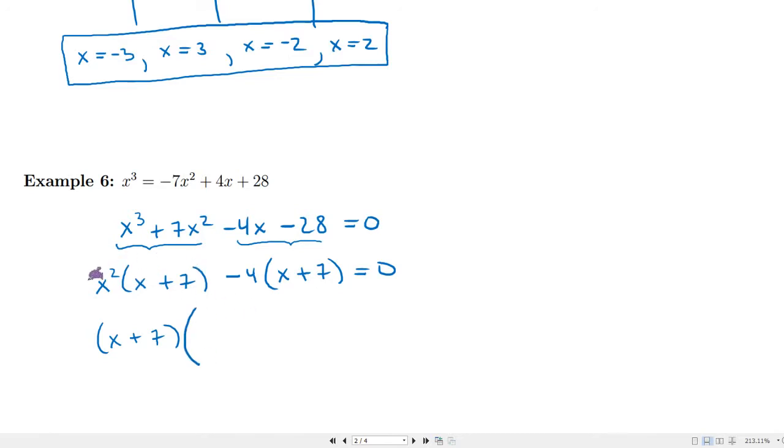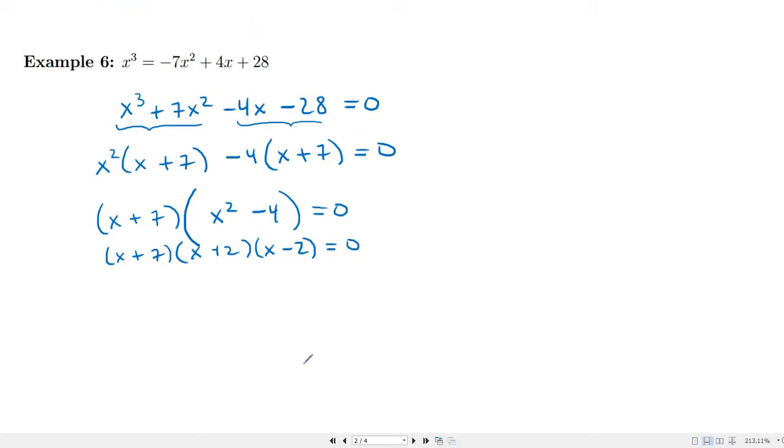And then if I factor out x plus 7 out of these two, then I'm left with the x squared. Factor out x plus 7 among this whole term, we'll have a minus 4. And that means we'll have x plus 7, and then this factors as x plus 2, x minus 2 equals 0.